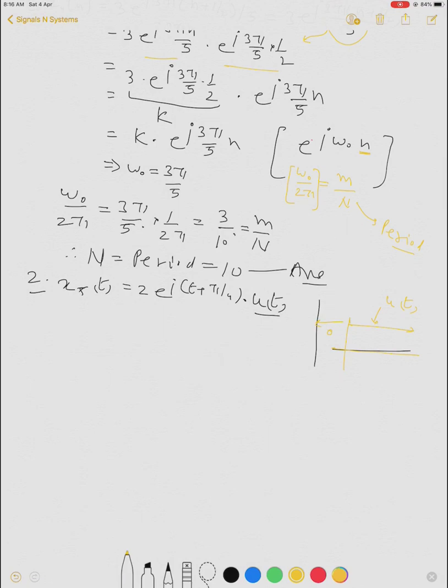So it is not periodic, because for values of t less than 0, u of t is not a periodic signal. So x of 5t is non-periodic.